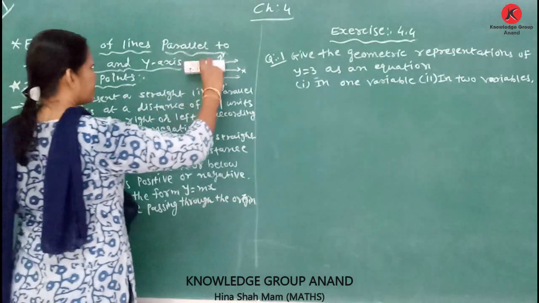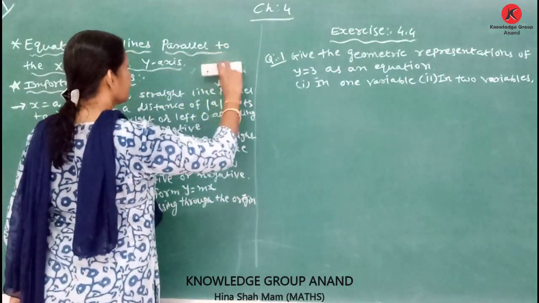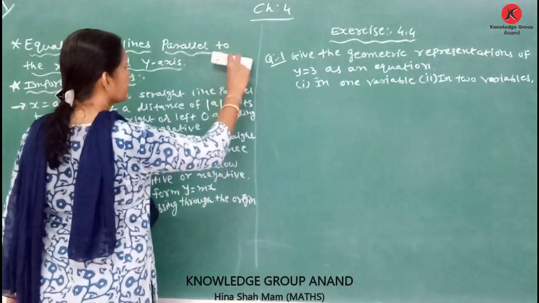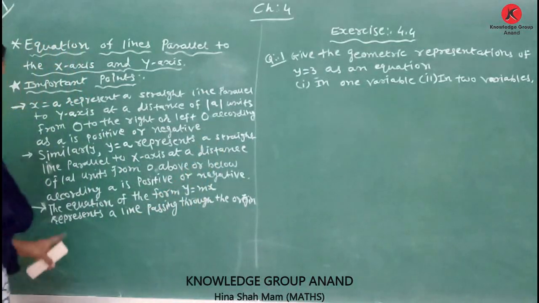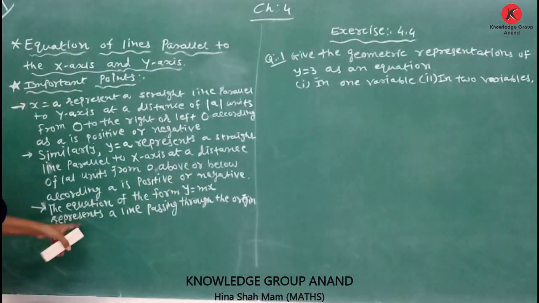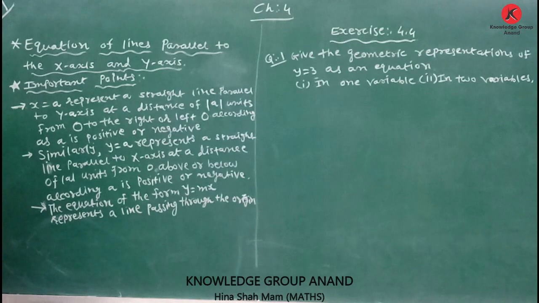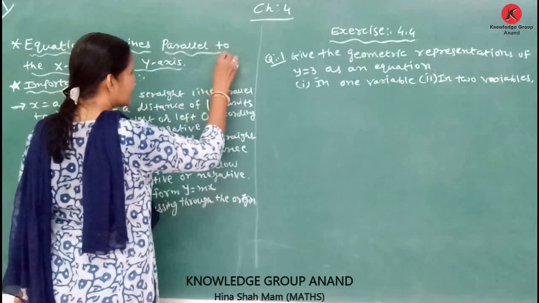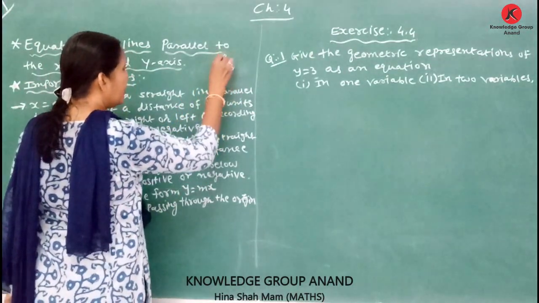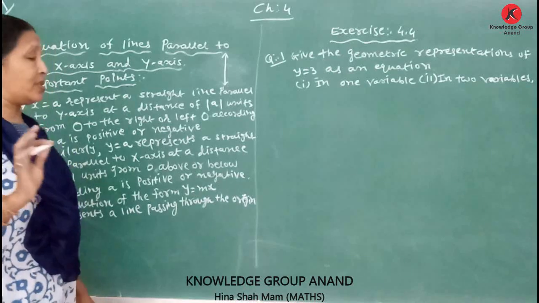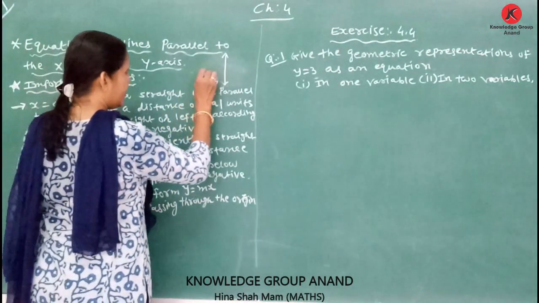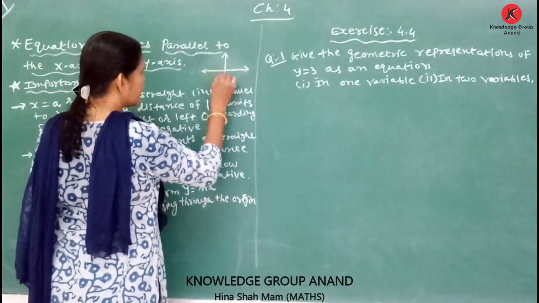Third number. The equation of the form y is equal to mx represents the line passing through the origin. Suppose y is equal to 5x, x is equal to 5y. There is no constant term in this. Then it is passing through the origin.